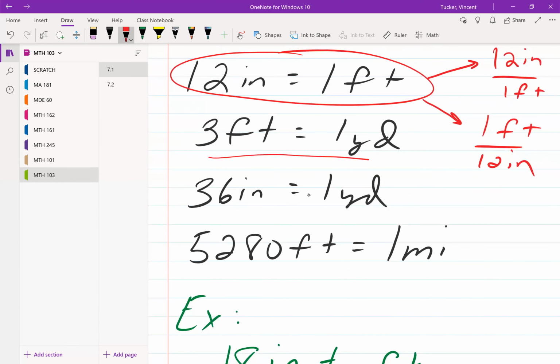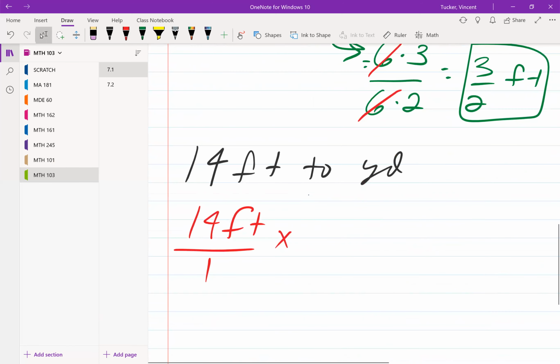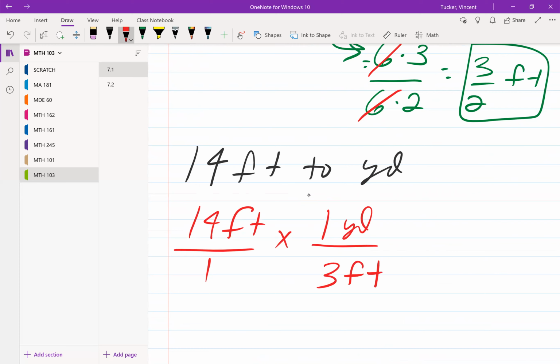So there's 3 feet in 1 yard. So I'll do 1 yard on top, 3 feet on bottom, so that my feet measurement can cancel. All right. So now if I multiply across, that'll be 14 over 3.